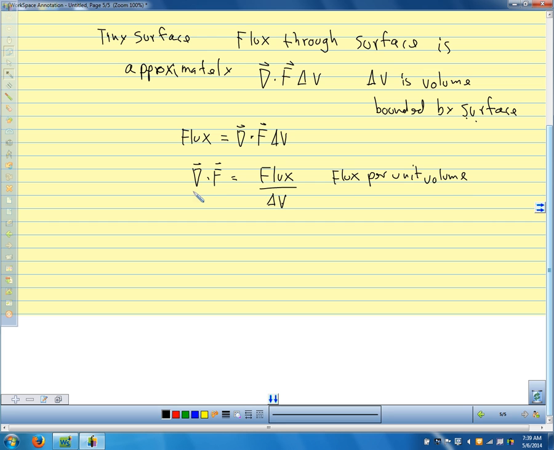In the limit we say that our divergence is the flux per unit volume at a point. So our divergence tells us at a point the field's tendency to flow outward from that point. The divergence tells us the flux per unit volume at that point, and the flux is the volume per unit time that flows out of it.